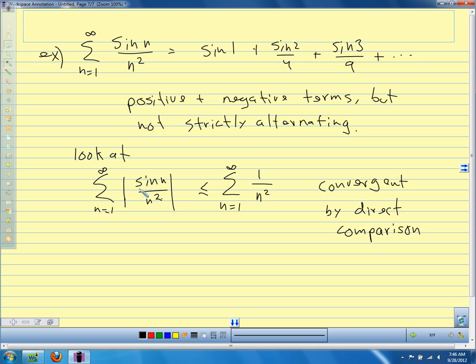And so since the absolute value series converges, our series converges absolutely, and our original series also converges. The series is absolutely convergent.